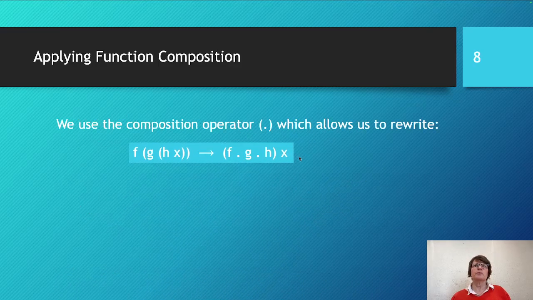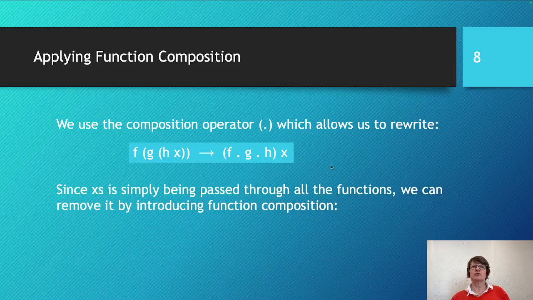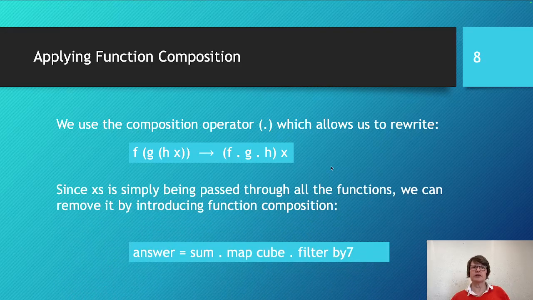Remember, this is the other one. Remember the big long one included this: F applied to G applied to H of x is the same as F dot G dot H of x. And that's what the one previously looked very like.